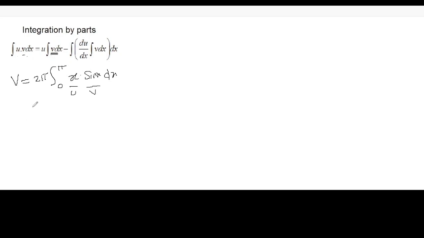After applying integration by parts, the integration becomes 2 pi, x into the integration of sin x dx, minus the differentiation of x into the integration of sin x dx, and the whole integration.